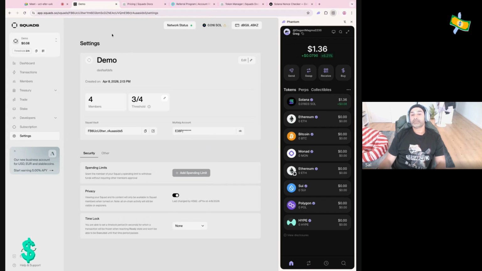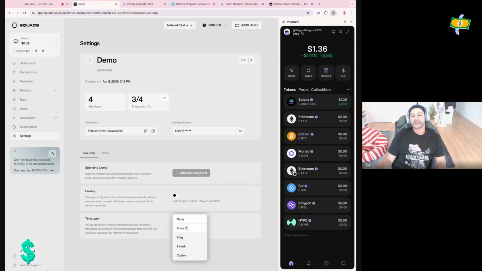But remember, there were no signatures or anything on chain done. This is just a user interface thing. So don't think that this protects you on chain. It just protects you from a very novice user perspective. They can't go and look at everything that you're doing. So it's not the best thing, but it's a little bit of support that you could get.